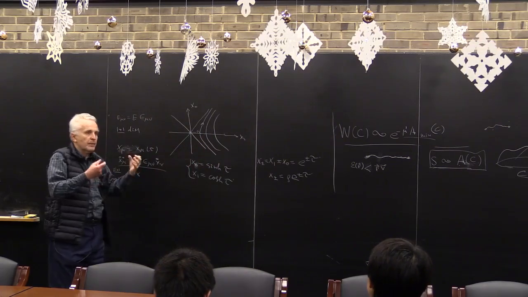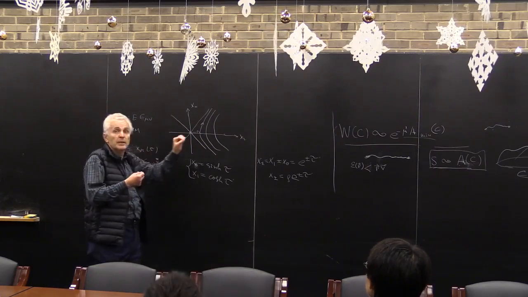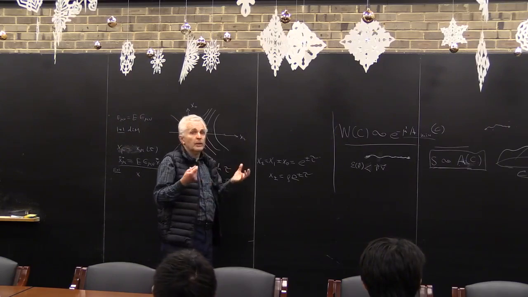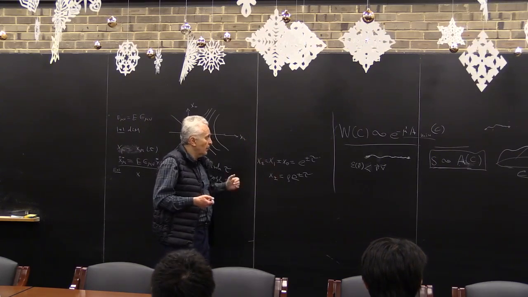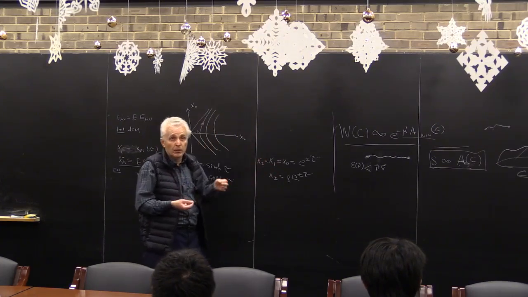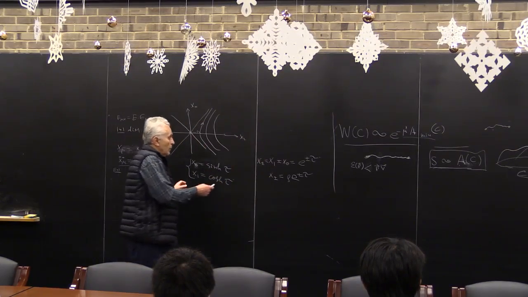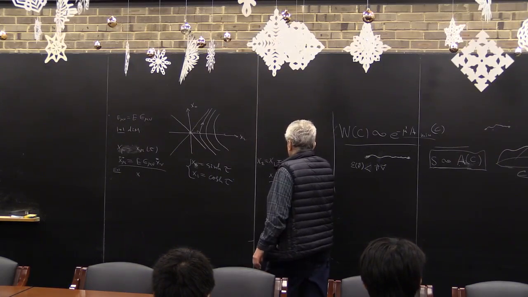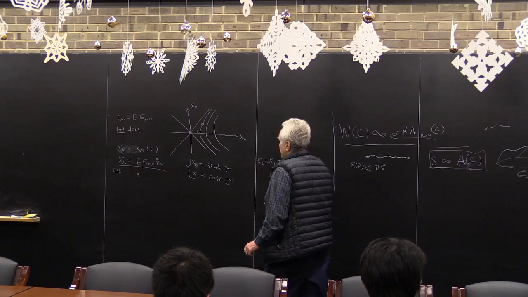What is the accelerated frame? It's the coordinates in which the accelerated observer is at rest. Mathematically, being at rest means that for him only the time coordinate changes while the spatial coordinate is kept fixed. So these accelerated frames are given by the coordinates rho and tau.